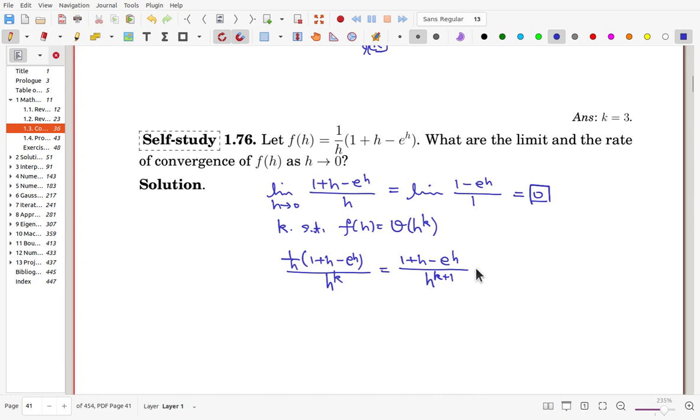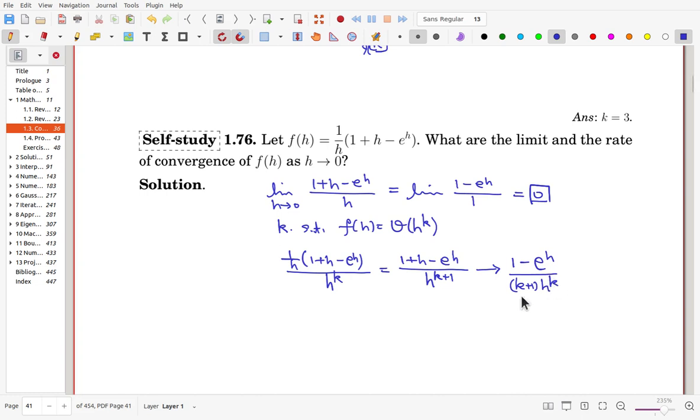So again, by using L'Hopital's rule, we reach 1 minus e to the h, and divide by k plus 1 times h to the k, right?